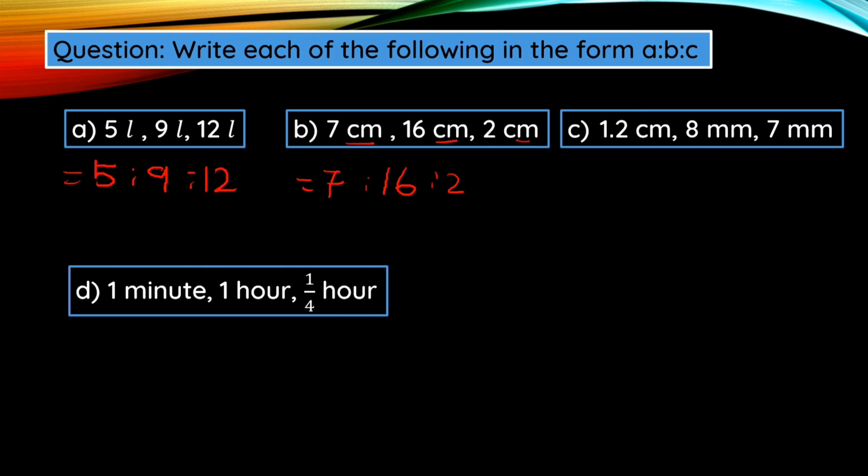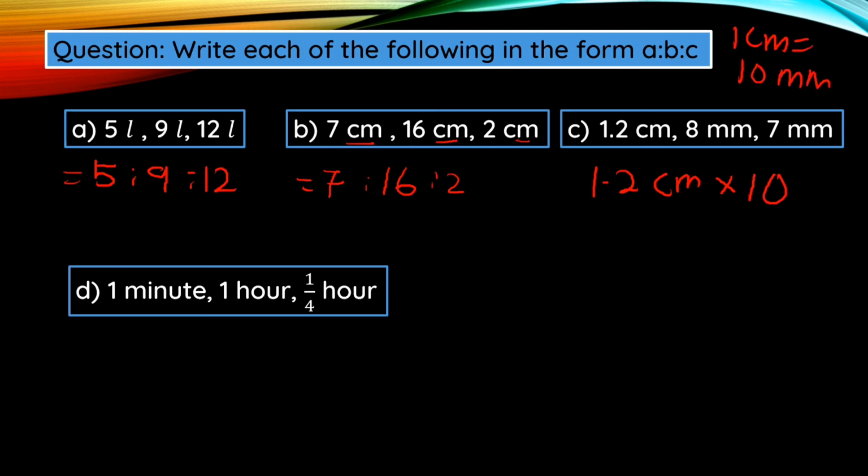And look at this one. This one is 1.2 centimeter, 8 millimeter, 7 millimeter. 1.2 centimeter, we can convert it to millimeter by multiplying with 10. 1 centimeter equal 10 millimeter.